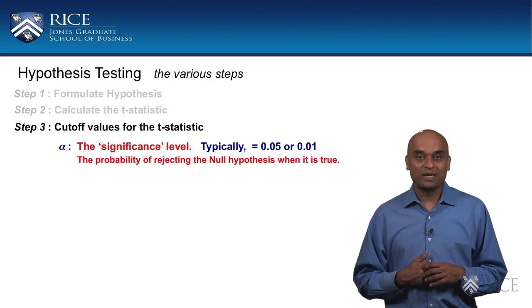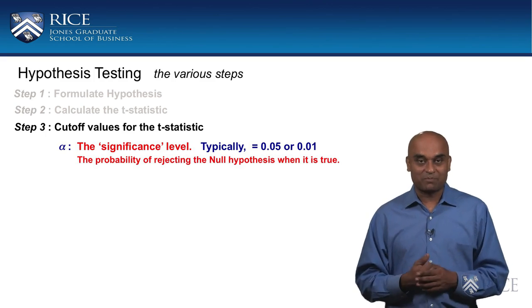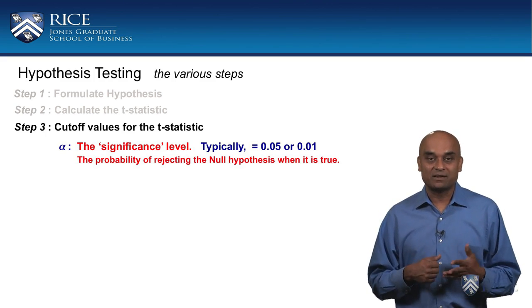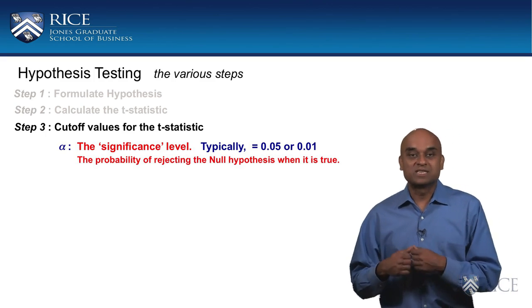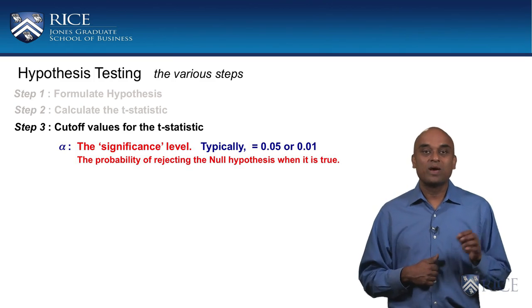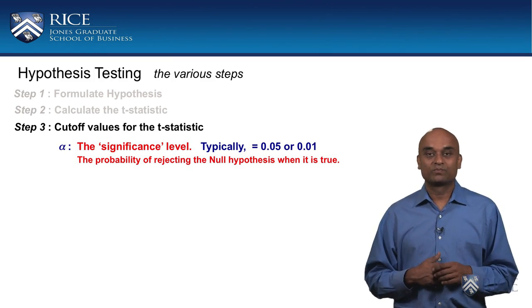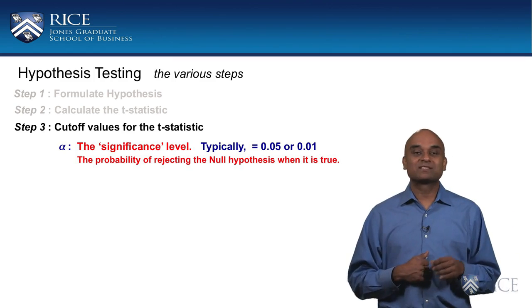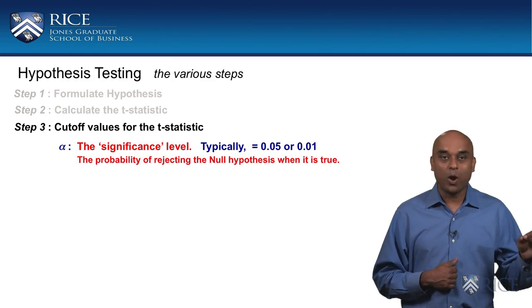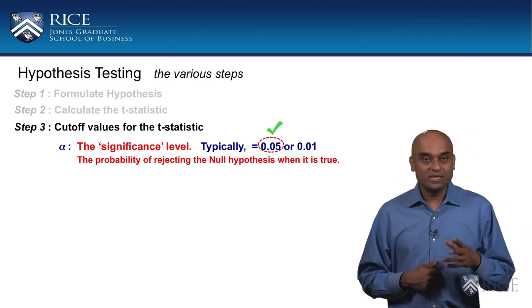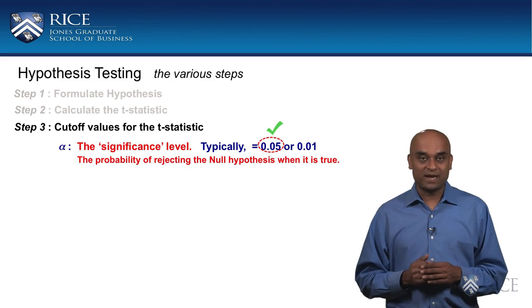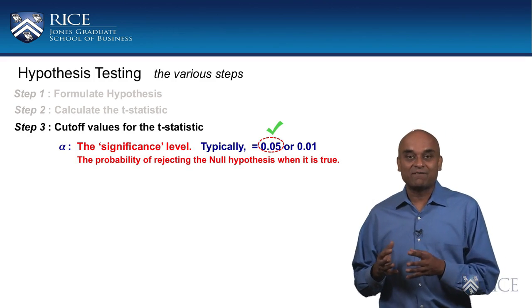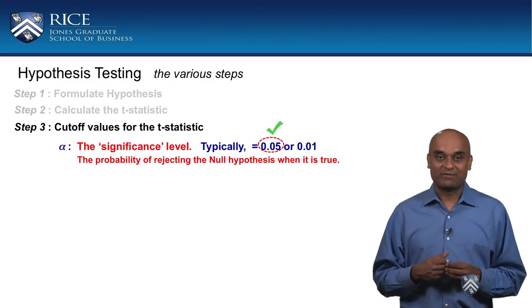Alpha is the probability that you are willing to accept for making an error, in the sense of rejecting the null hypothesis when indeed it is true. It is also referred to as the probability of type 1 error. In this course, unless otherwise specified, we will use an alpha value of 0.05.